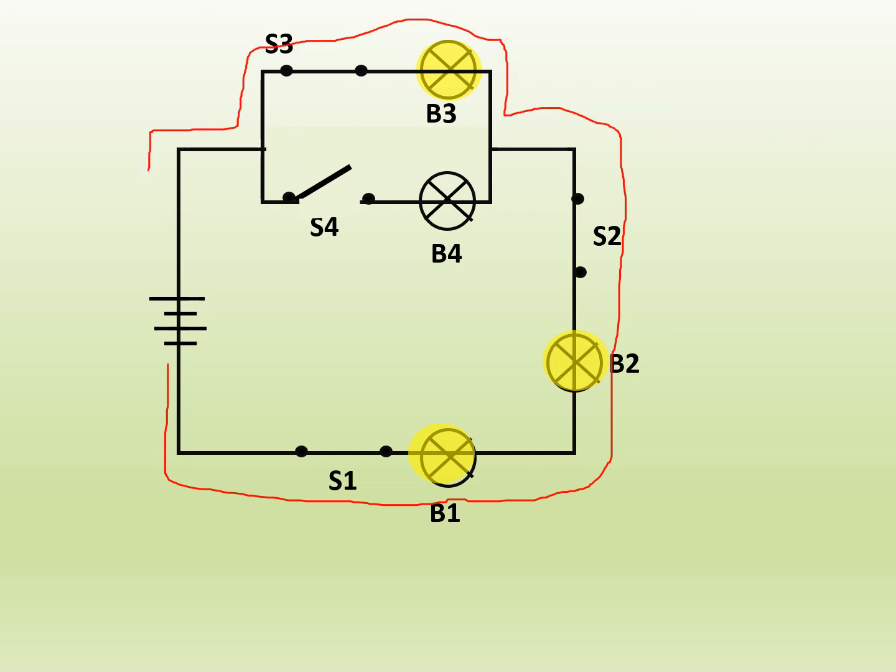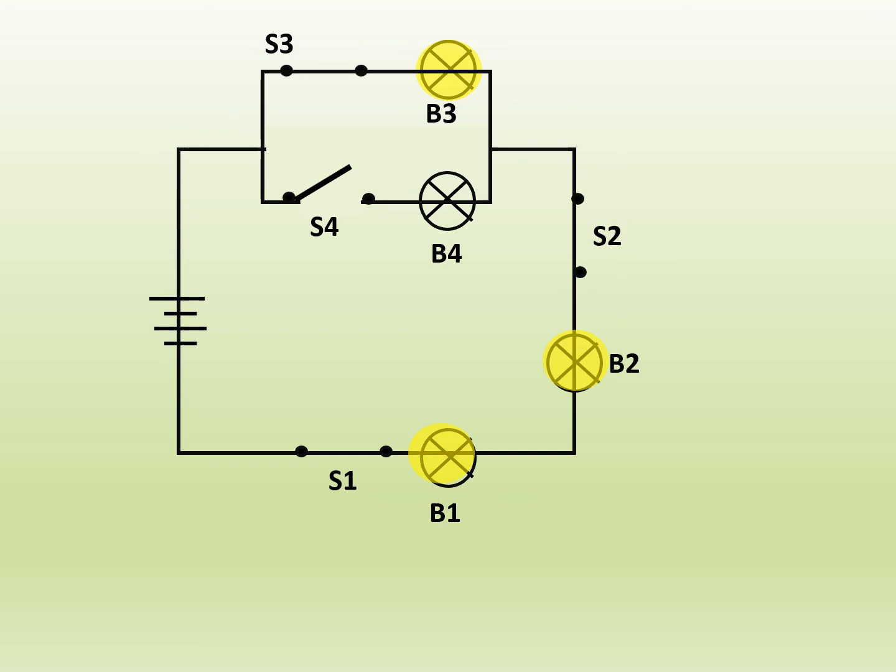So the electrical current can pass through these bulbs completely. But bulb 4 will not light up because the electrical pathway for bulb 4 is incomplete. As you can see here, it stops here at switch 4.